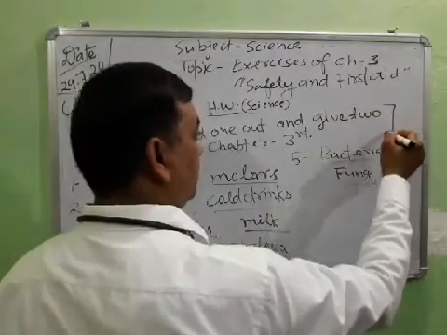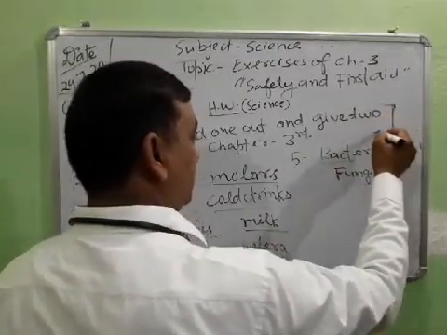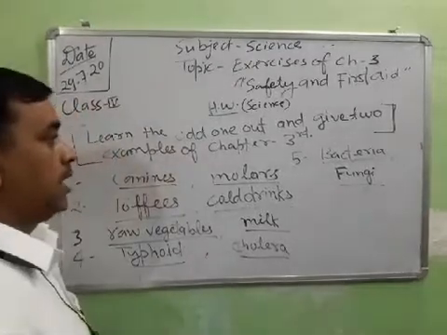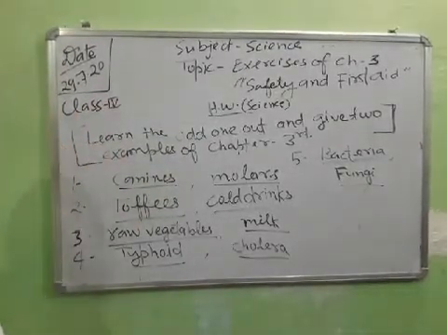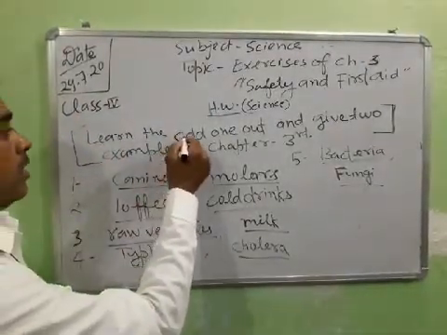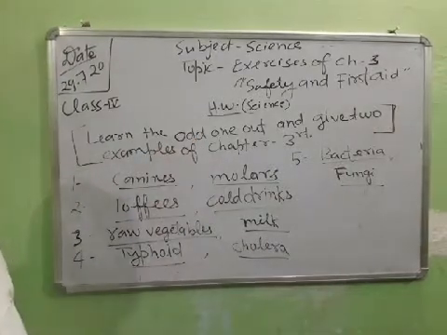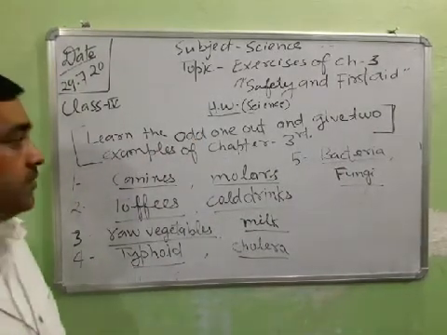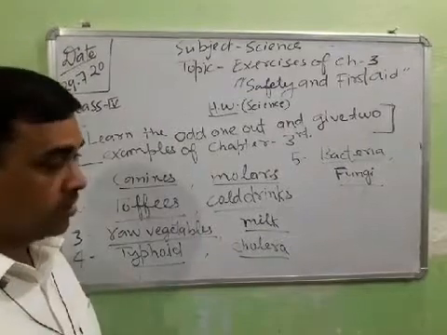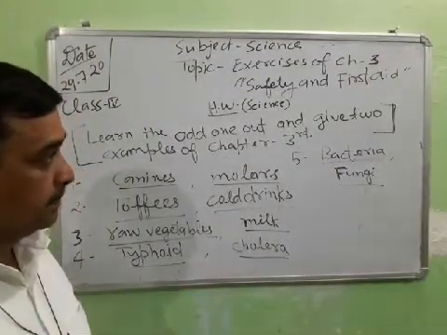Okay, don't run, don't go fast. Write down. Learn the odd one out and give two examples of chapter 3. Okay, student? Write down.